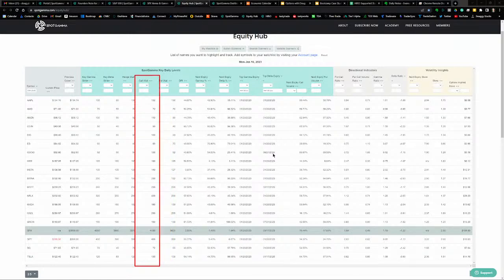And the call wall depends on what options traders are doing. If they're not buying calls and not supporting that level, then nothing changes, or it could fall. But if they're buying calls at higher strikes, you would expect that level to rise. So the update to the call wall, this information is updated once daily.